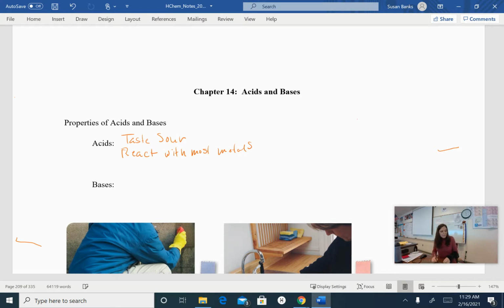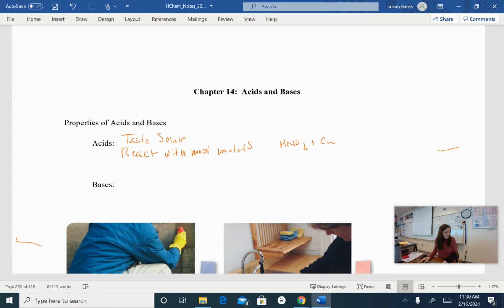So for example, if I put nitric acid in with some copper, I would get some really nasty nitrous oxide gas and some copper oxide. It would be this brown, yucky looking gas, and it's actually toxic to burn or to breathe in. So it's not a reaction that you really want to do a whole lot.